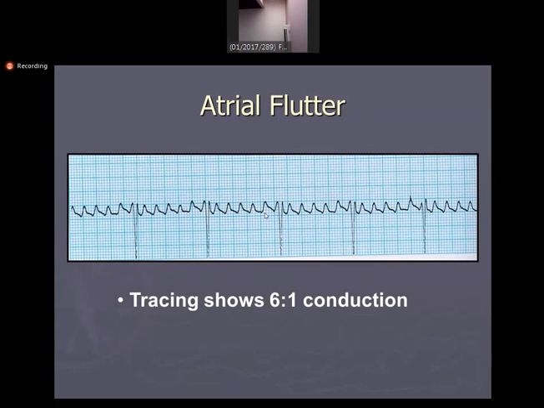So multiple waves are called flutter, and because it is arising in the atria, it is called atrial flutter. Not all atrial activity goes into the ventricle, but some of it does.